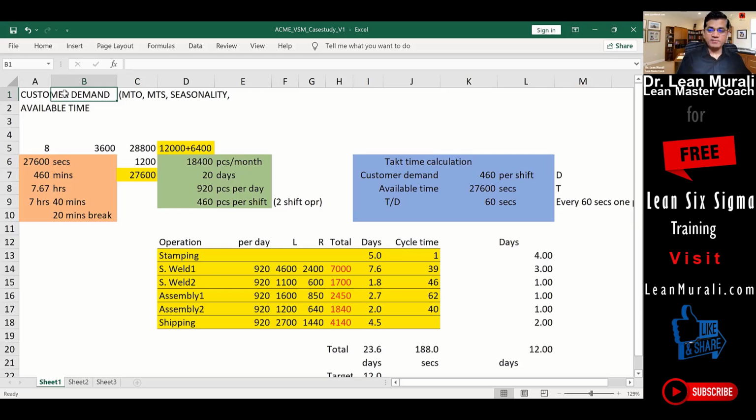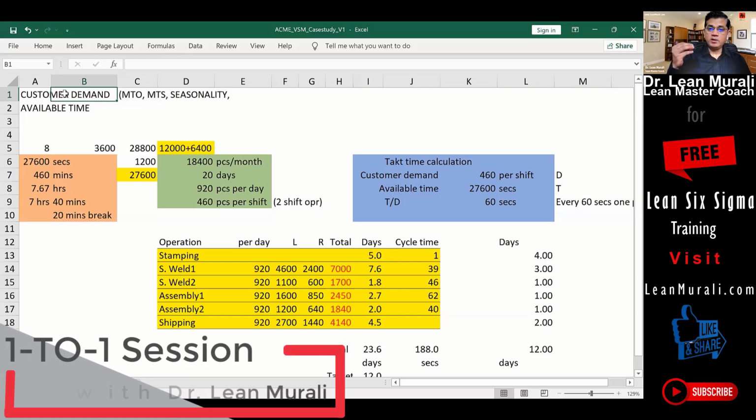Suppose last year I sold 1,200 pieces. This year, can I forecast that it will be 100 pieces a month? No, it is wrong. Even in last year's trend, we have to see which month we sold more, which month we sold high, to find out the seasonality of the customer demand or customer consumption.